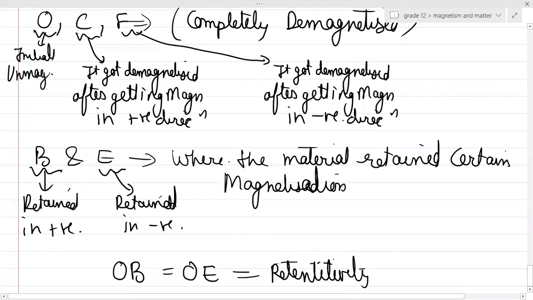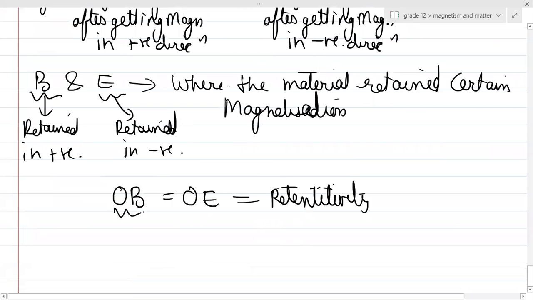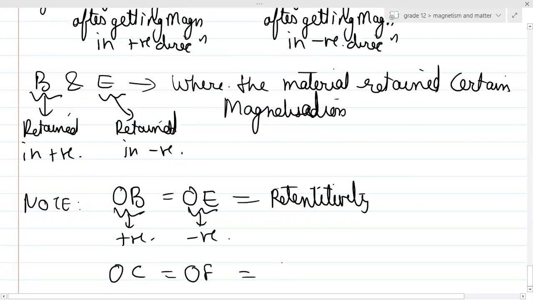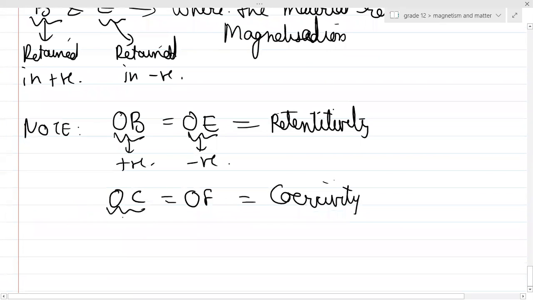OB is retentivity in the positive direction and OE is retentivity in the negative direction. Similarly, OC and OF are called as coercivity. And please remember, OC is in the negative direction and OF is in the positive direction.